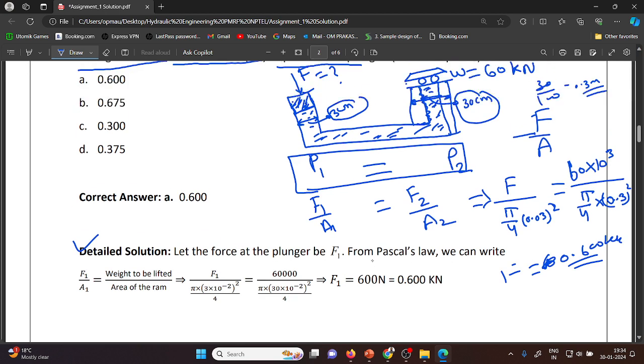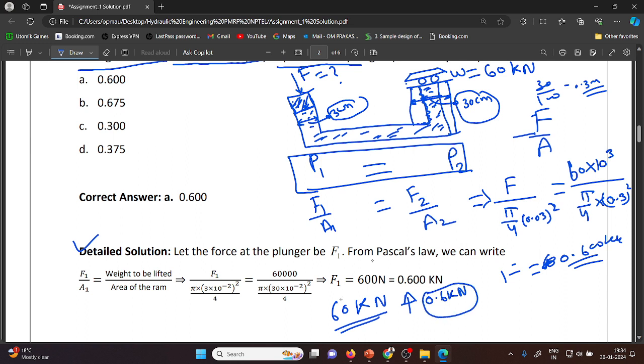So just you can see, it is very interesting using this simple concept. A 60 kilonewton weight, you are able to lift with only 0.6 kilonewton force, right?